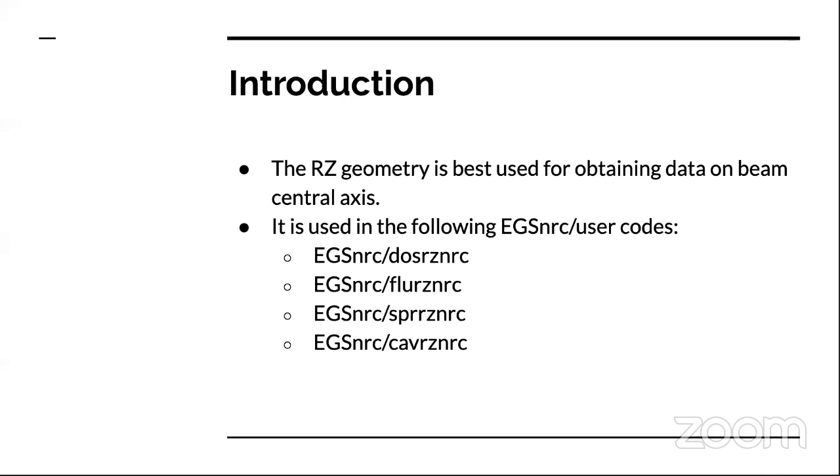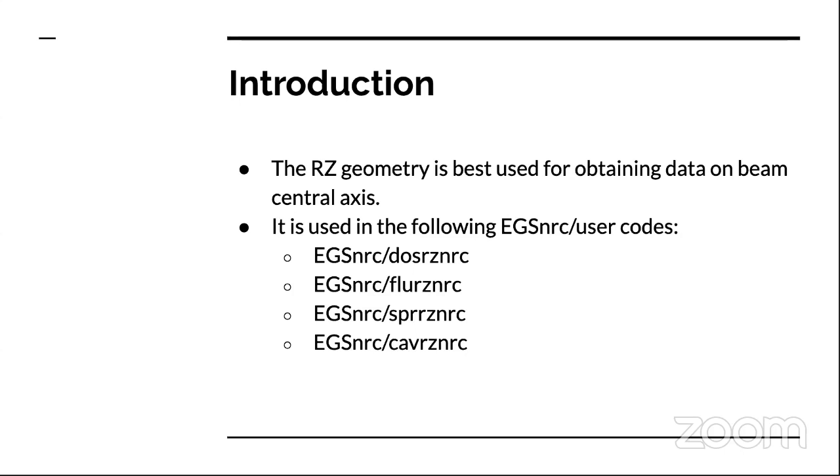correction factors, stopping power ratios, correction factors, and fluences. Those are particular for those interested in chambers and correction factors for chambers and so on. So with the RZ geometry, there are 4 user codes: the dosrz, which we are going to use actually. I believe it's the one that most of us are interested in.